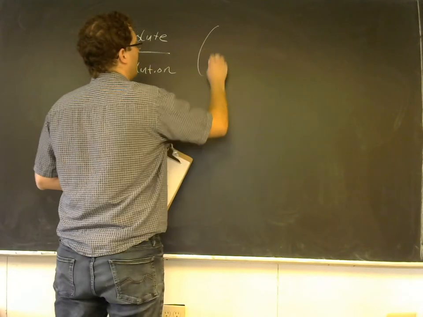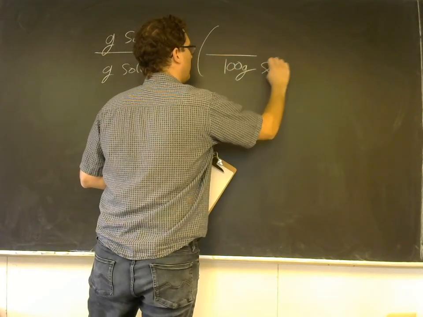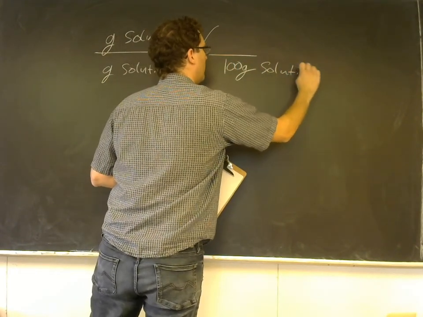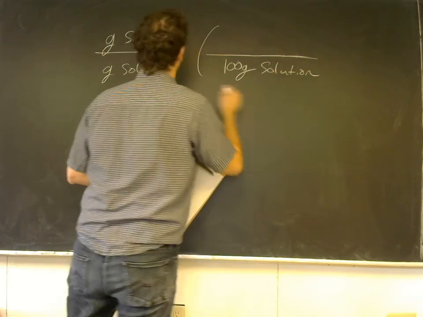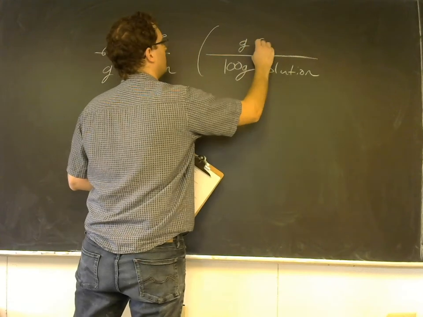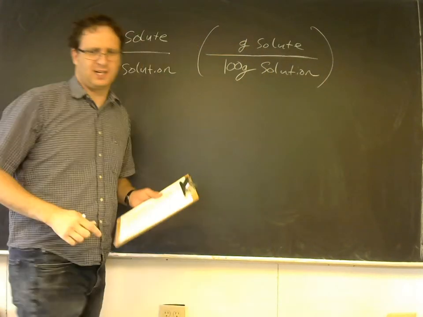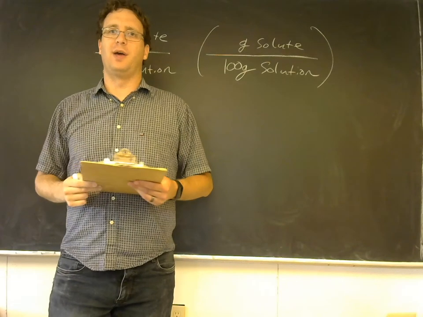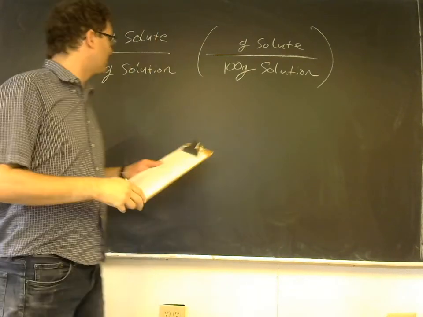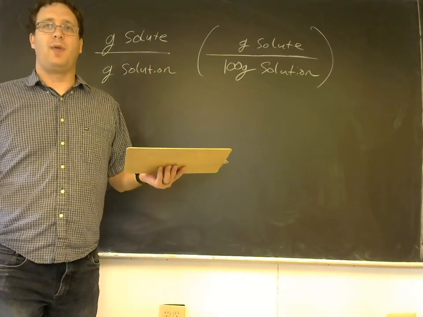And in fact, it's often expressed not just in grams per 1 gram, but grams per 100 grams of solution. This will make more sense when I show you a chart in a little bit. But the solubility is going to tell you how much solute you can put into solution before it stops.